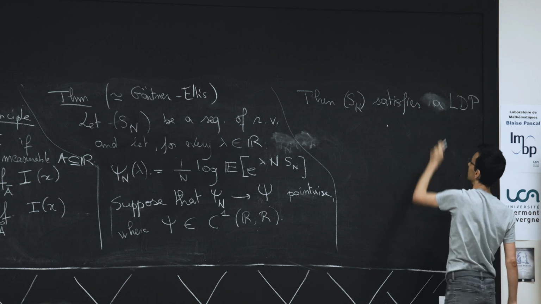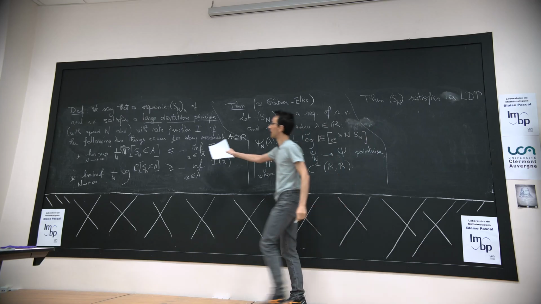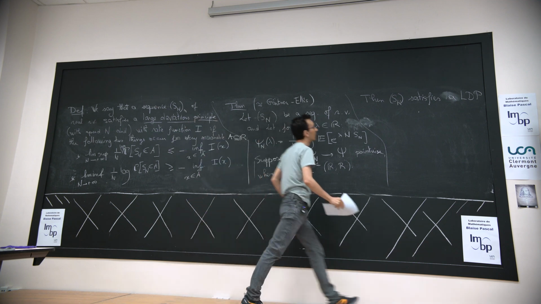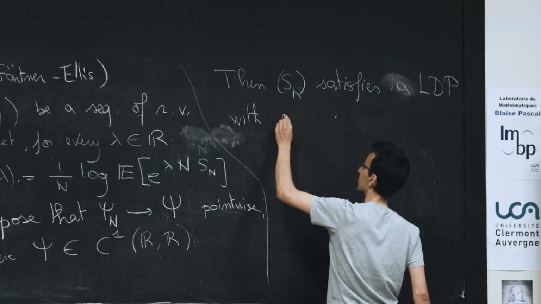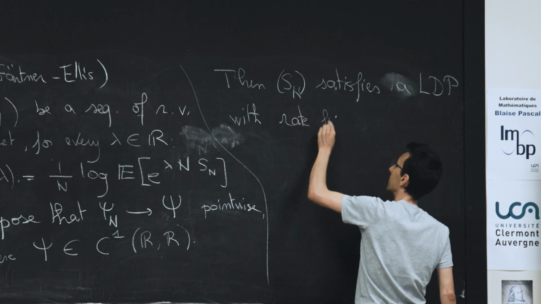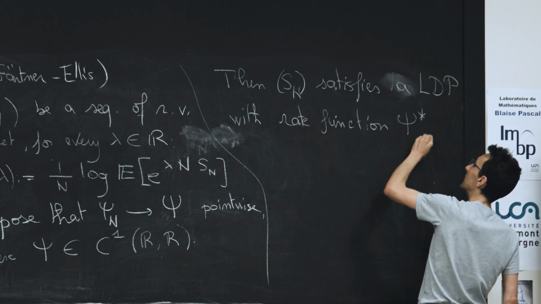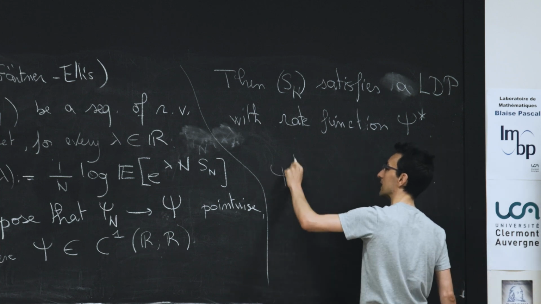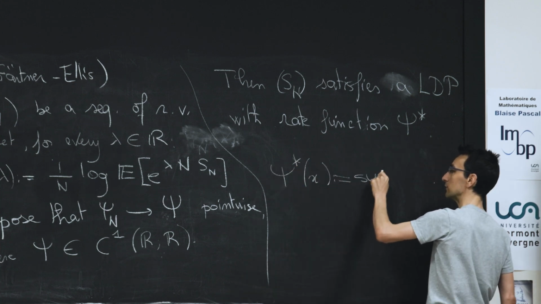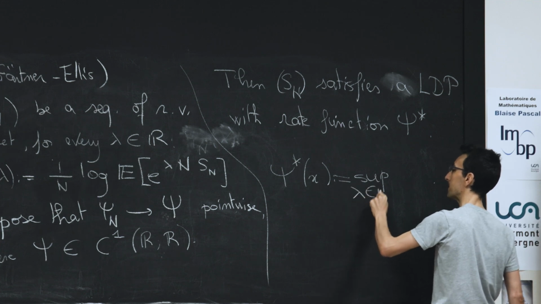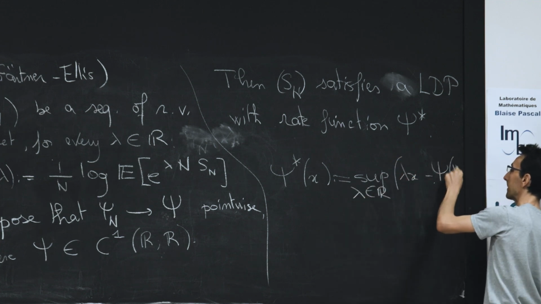Anyway, the large deviation principle, LDP, I'm writing here, with speed n, and rate function psi star. I remind you that psi star of x is defined to be the supremum over lambda of lambda x minus psi of lambda.